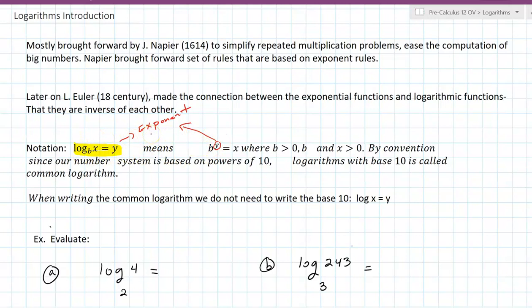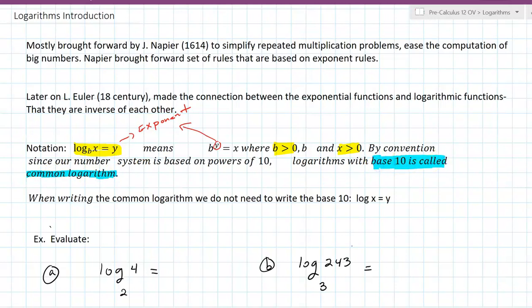And there are some restrictions. We have to make sure that we follow that. So b has to be greater than 0. The base can't be negative. And also x, the argument of log, cannot be negative or 0 for both. And by convention, since our number system is based on powers of 10, we say that any base 10 will be called a common log.